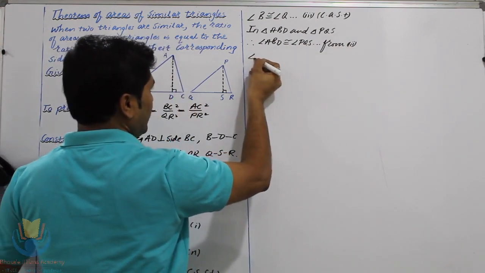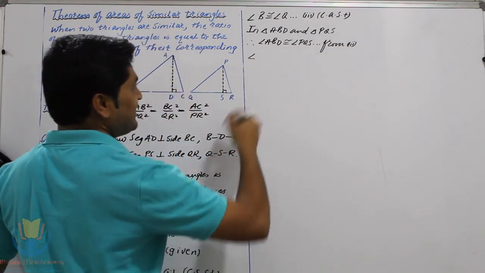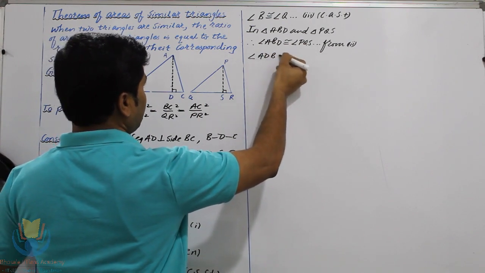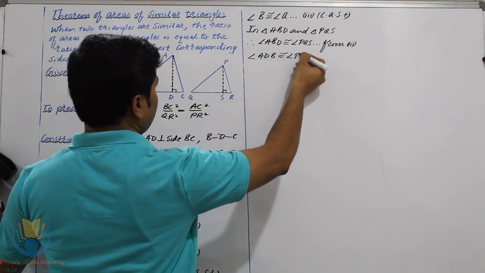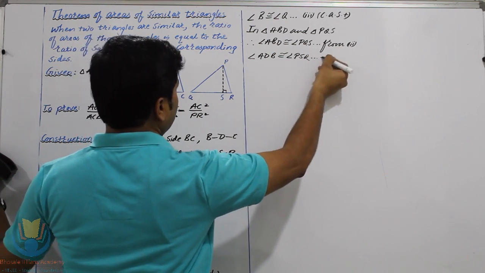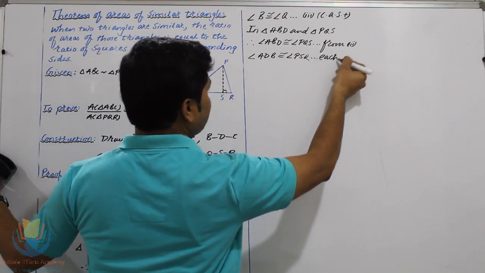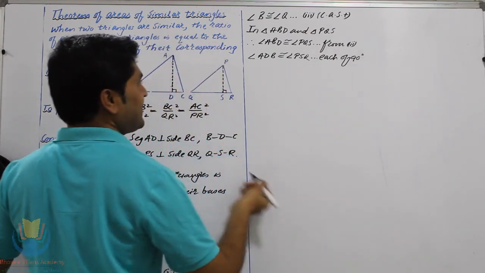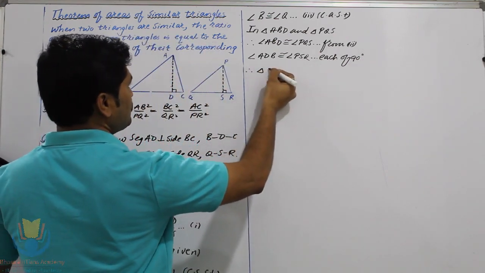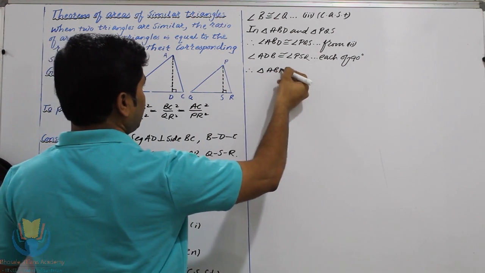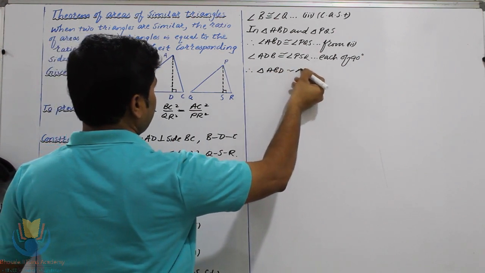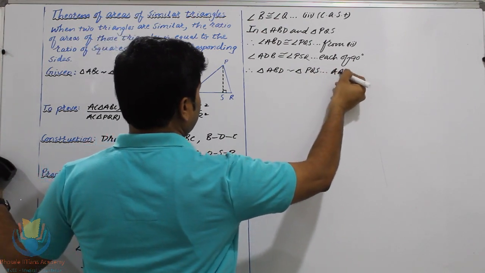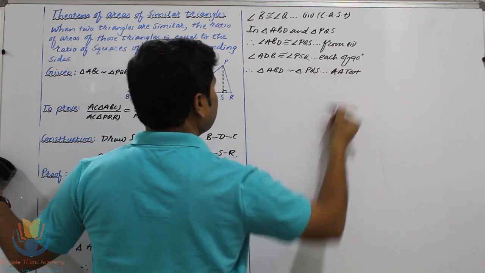There is one more pair of angles, each of measure 90 degrees: angle ADB is congruent to angle PSQ. Therefore, those two triangles are similar by the AA test of similarity.